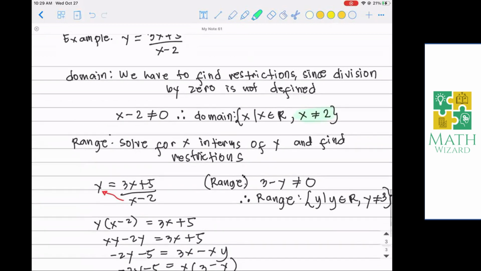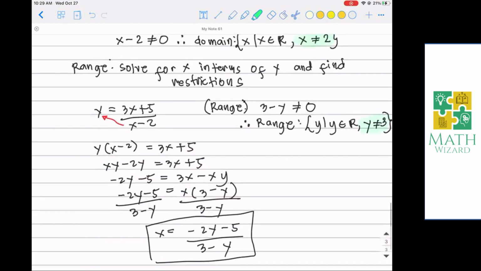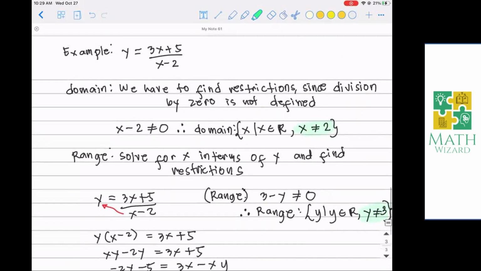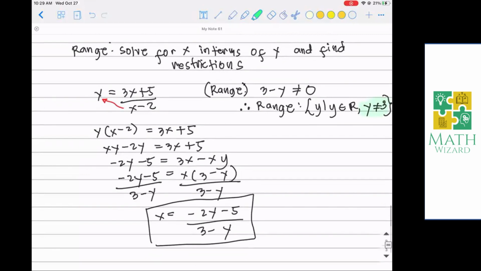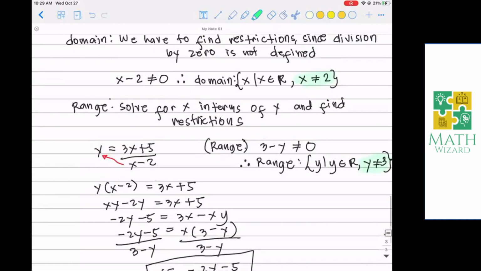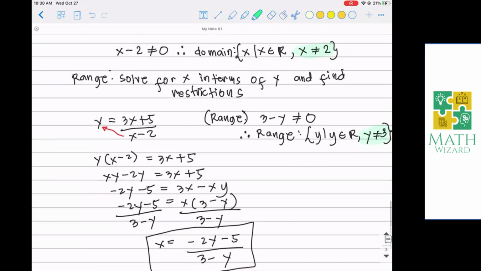Sa next one naman, ang restriction niya, y should not be equal to 3. Bakit? Kasi pag nag-equal to 2, ang domain, magiging 0. Pag nag-equal to 3 naman, magiging 0 at hindi siya pwedeng maging 0. So therefore, ang magiging sagot lang natin is domain, all the real numbers pa din, and then we emphasize the restriction. Sa range naman, all the real numbers pa din, but we emphasize on the restriction.